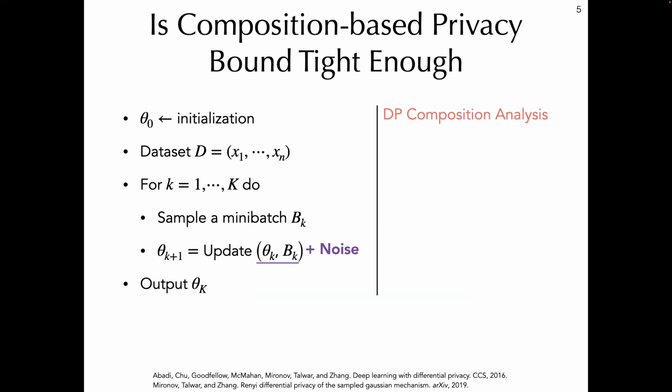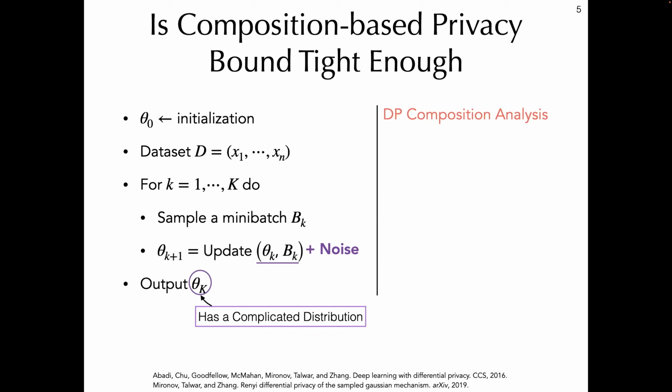Most of them share a similar feature: they break the algorithm into subroutines and use composition analysis to obtain the privacy bound for the algorithm. This is because the distribution of the final output is usually very complicated after many iterations of updates, and thus directly analyzing the last iterate is often difficult.